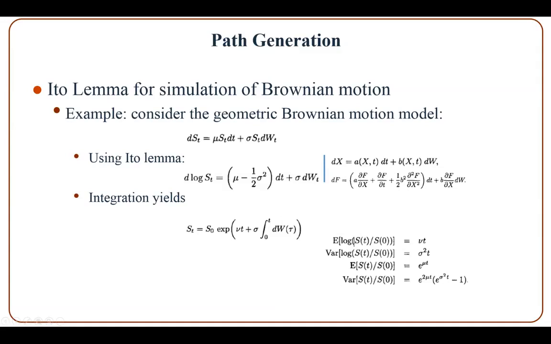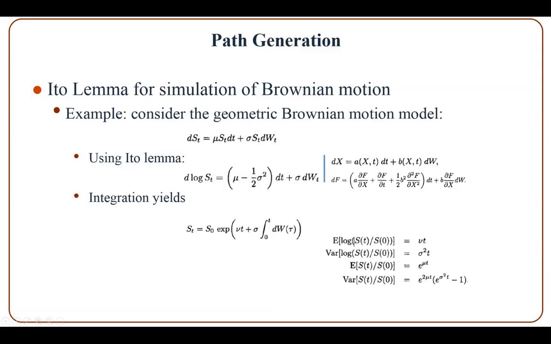Similarly, the derivative of log of St with respect to St is 1 divided by St, that cancels the other St, and that's why we have just mu left as the first term in the brackets.